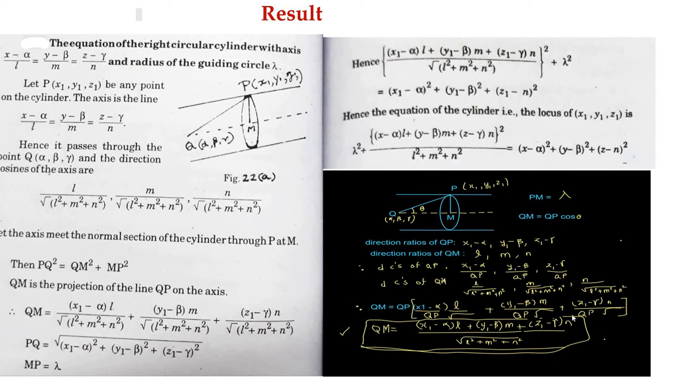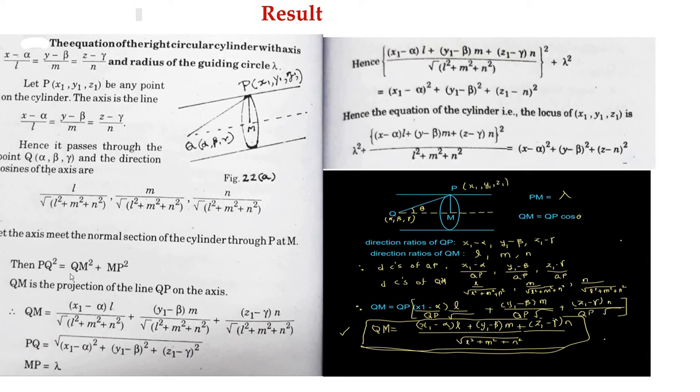One QP being common can be cancelled, so QM will be (x1 minus alpha) into L by square root of L square plus M square plus N square, and in the same way (y1 minus beta) M divided by the same root, and so on. So we have got QM, and that is what is written here.